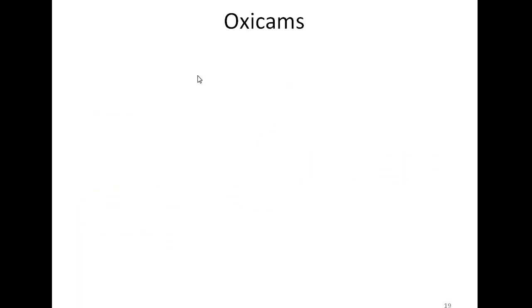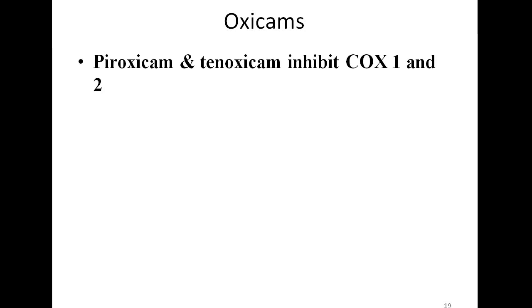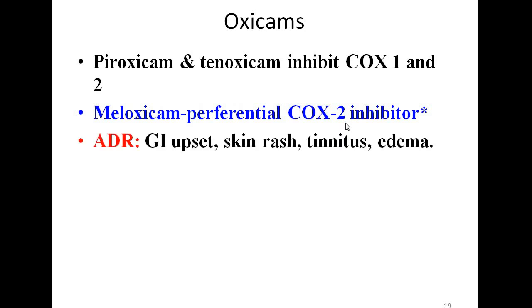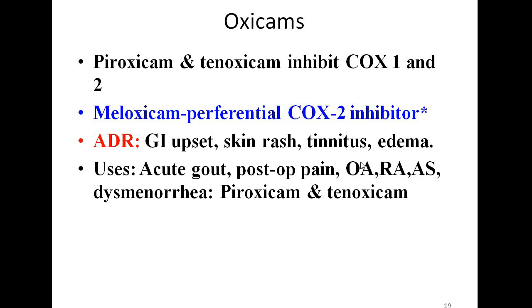Oxicams again are a new group of non-steroidal anti-inflammatory drugs which are either preferential or selective cyclooxygenase 2 inhibitors. Piroxicam and tenoxicam inhibit both cyclooxygenase 1 and cyclooxygenase 2. Meloxicam is a preferential COX-2 inhibitor. Adverse effects of the entire oxicams include gastrointestinal upset, skin rash, tinnitus and peripheral edema.